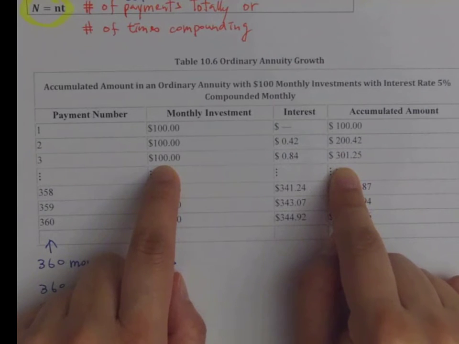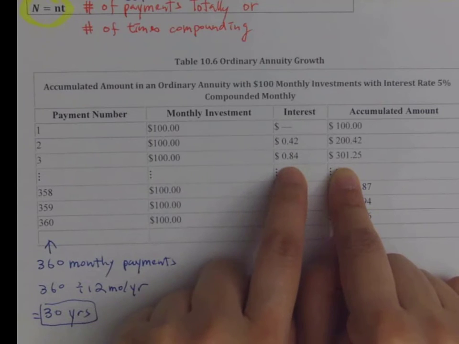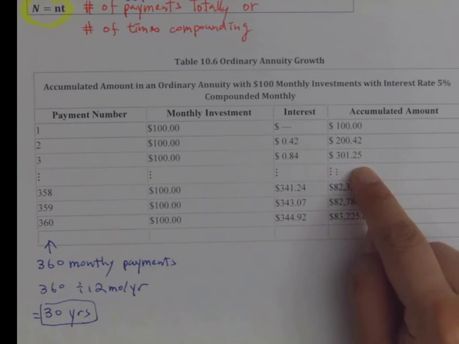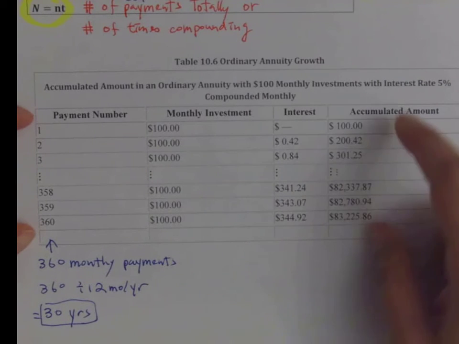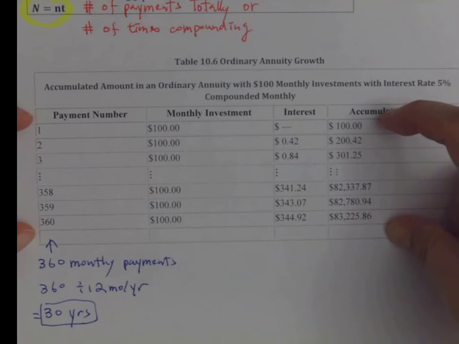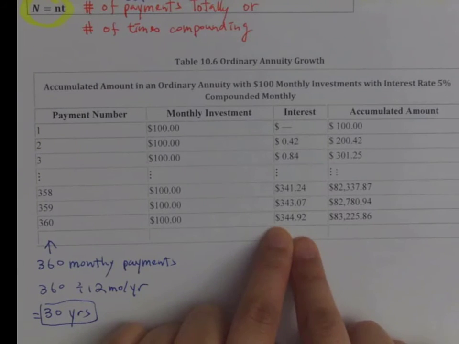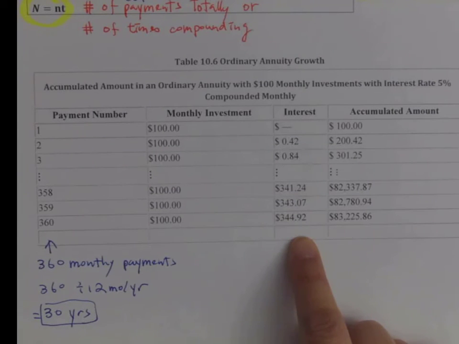But because you are compounding the interest every month, you earn a little bit more interest, and then your balance is a little bit more than $300, right? So you do this for 30 years. Toward the end, that's your account balance, and it looked like you make $344.92 for your interest.